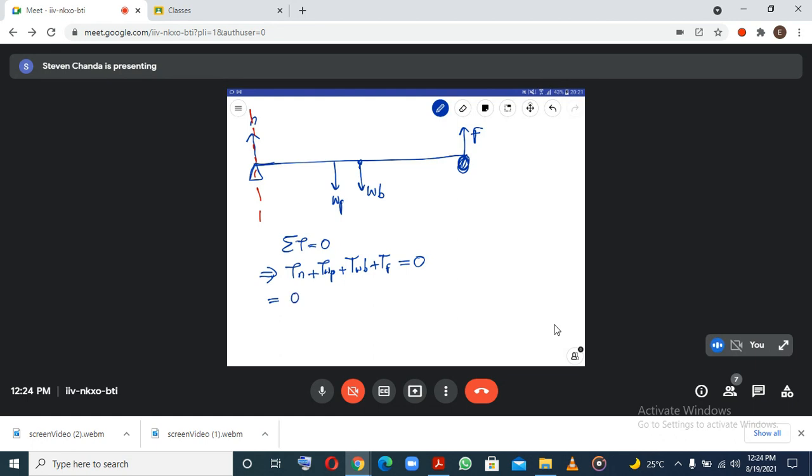Then what is going to be the sign for the torque for the person? Is it going to be negative or positive? It's going to be negative.